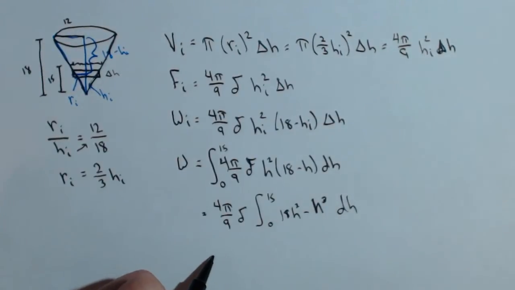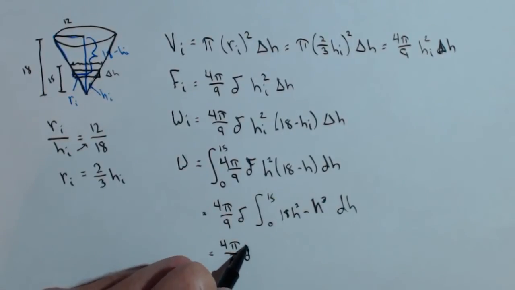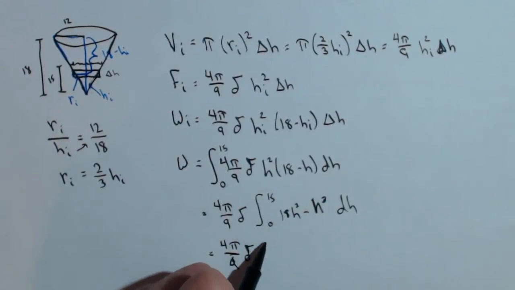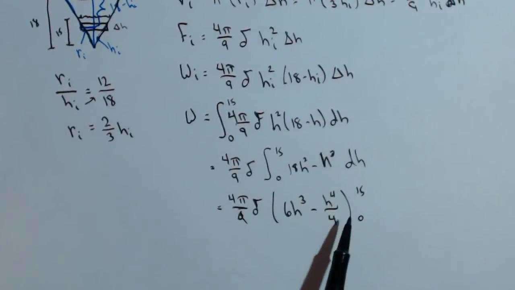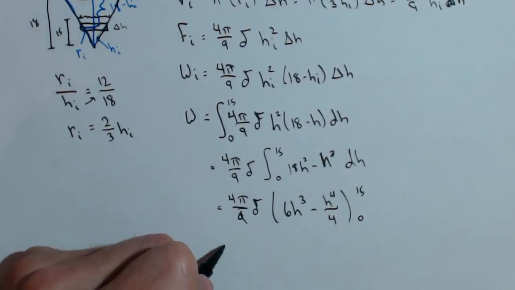So we actually have a pretty easy antiderivative. 4 pi over 9 delta. We're going to have 6h cubed, the antiderivative of 18h squared, minus h to the 4th over 4 from 0 to 15. Now we really don't need to worry about plugging in the 0. It's going to zero everything out.